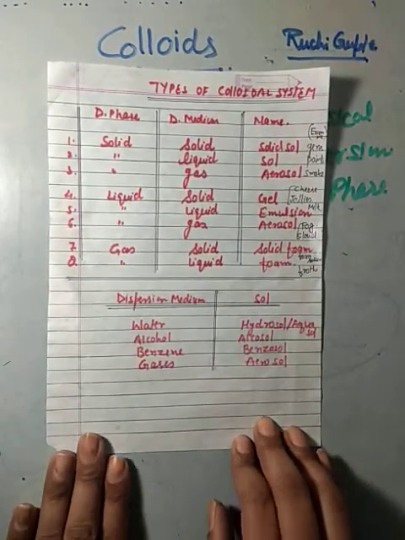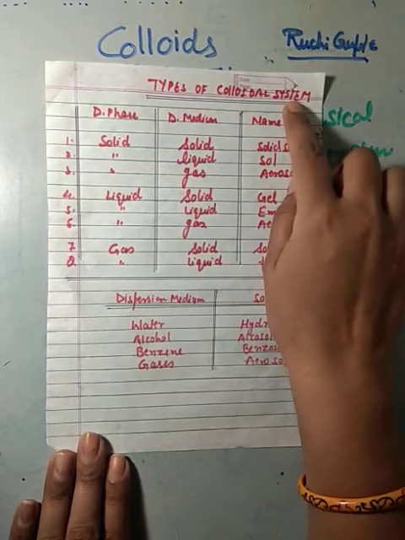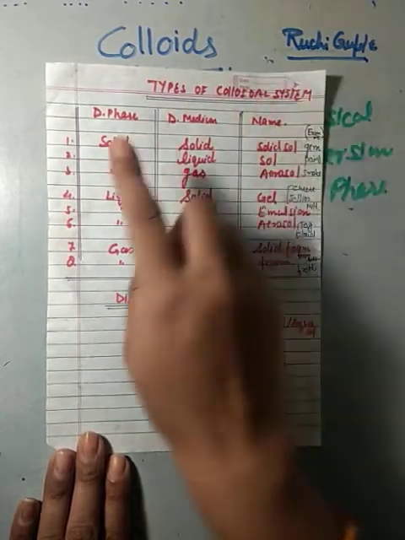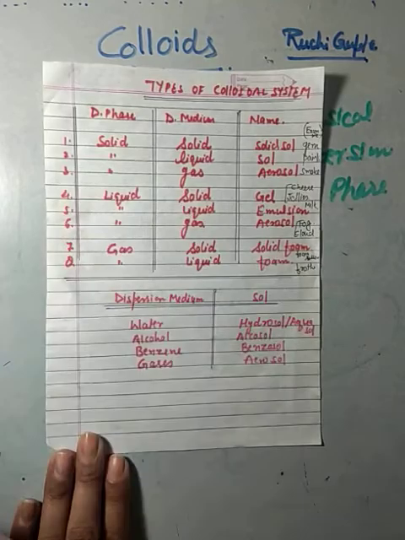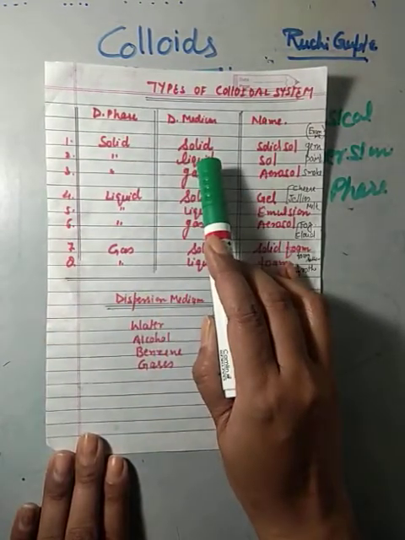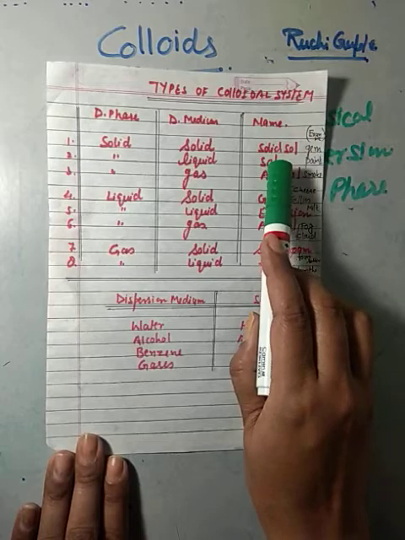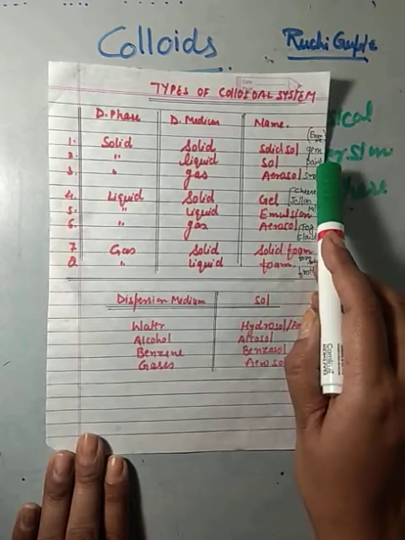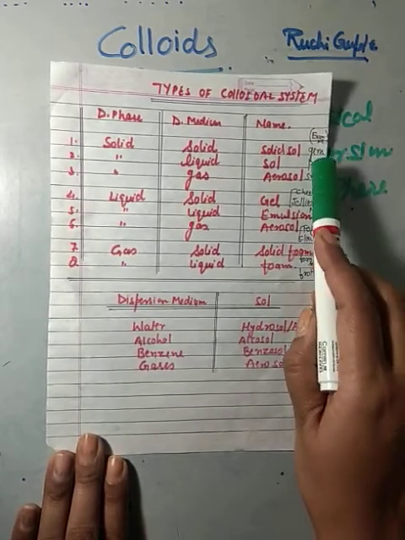Now, here are the types of colloidal systems on the basis of the dispersion medium and dispersed phase. If the dispersed phase is solid and the medium is also solid, then the name is solid sol, and the example is gem.